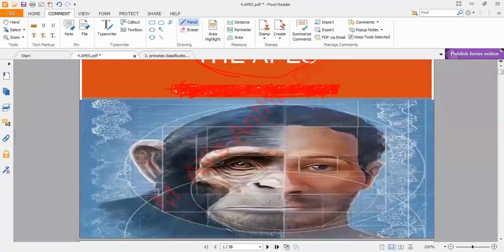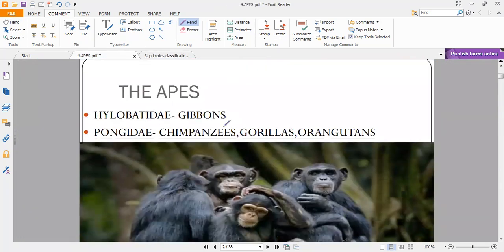The apes broadly can be classified into two groups, Hylobatidae and Pongidae. Within Hylobatidae there are many other apes, but we consider gibbons under the Hylobatidae family, and within the Pongidae family we talk about chimpanzees, gorillas and orangutans.